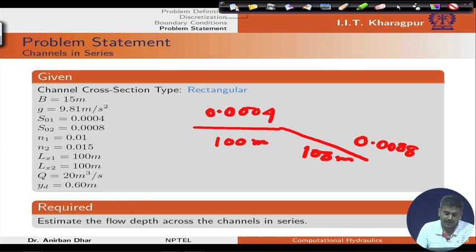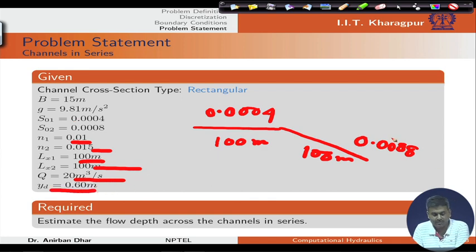In both the cases N1, N2 values are this, and L1 is 100, L2 is 100. The discharge is the same because we need to utilize that, and YD, this is in the downstream, 0.6.